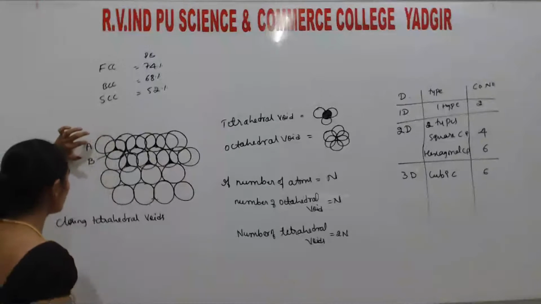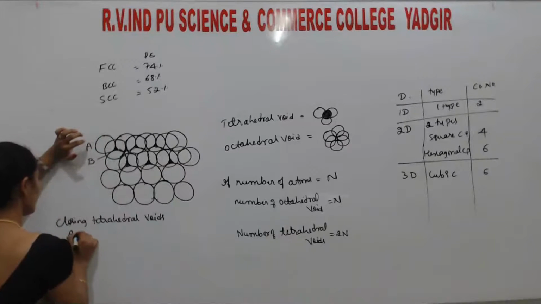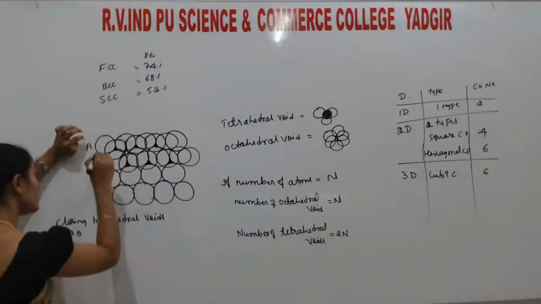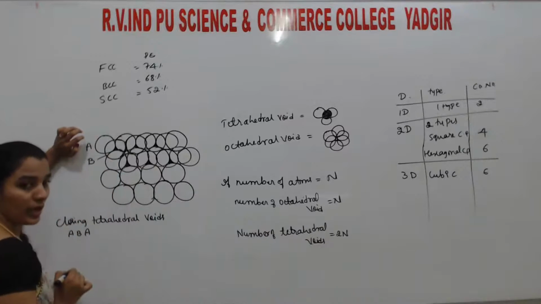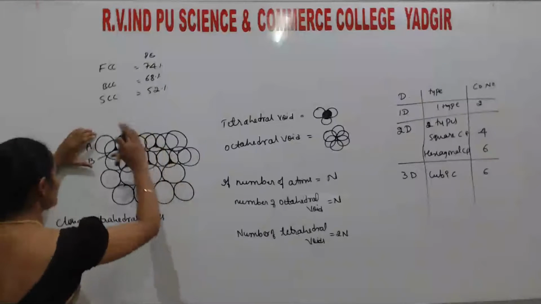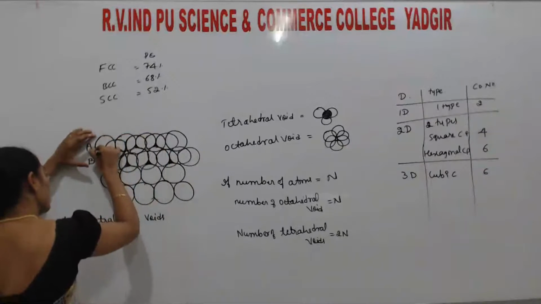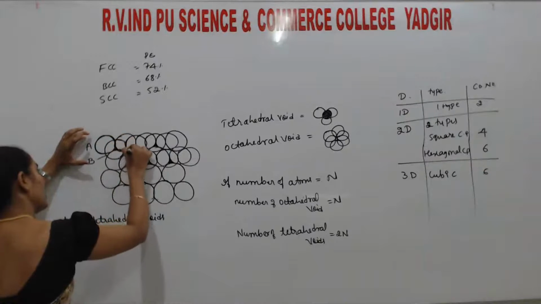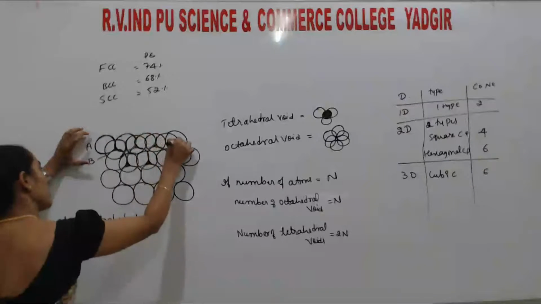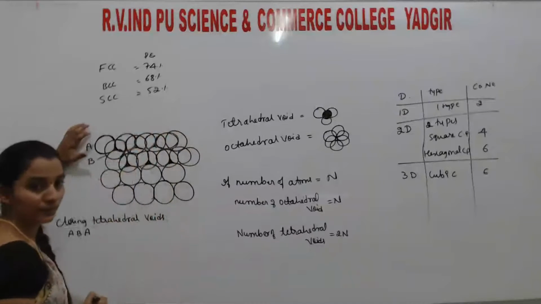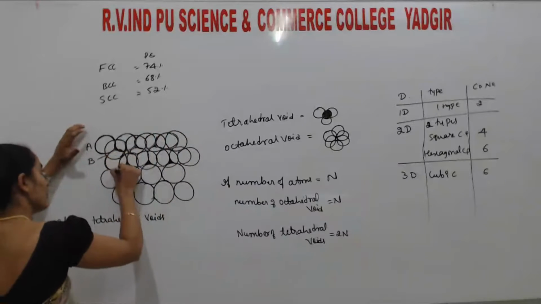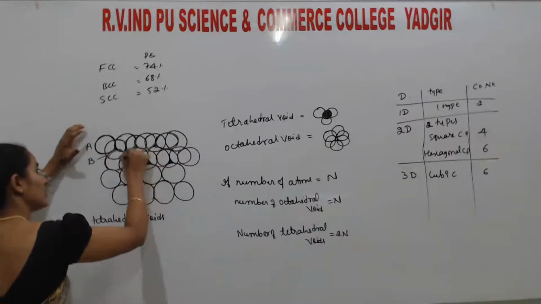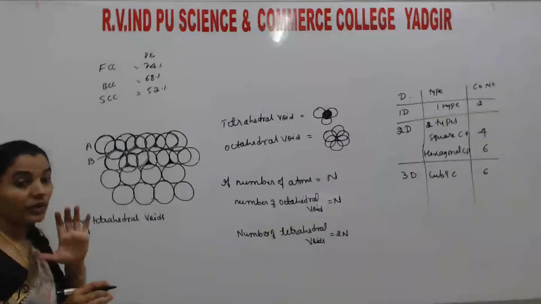If structure A is there and structure B is there, then the third structure is equal to A. The third structure is exactly placed at this A. The third structure is the same as the arrangement of A.